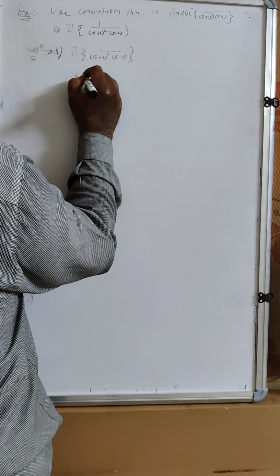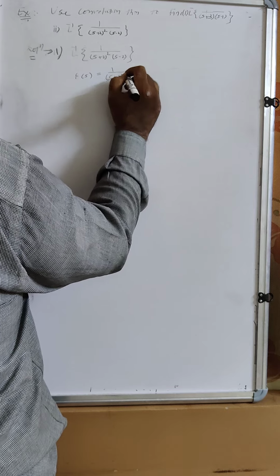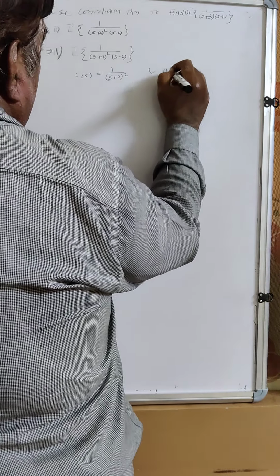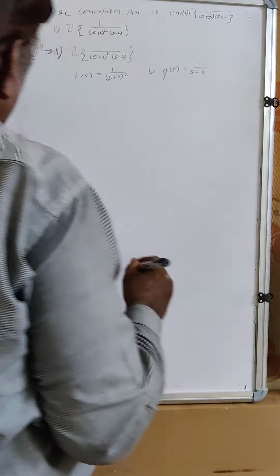Therefore, F(s) is equal to 1 upon (s plus 2) whole square and G(s) is equal to 1 upon s minus 2.